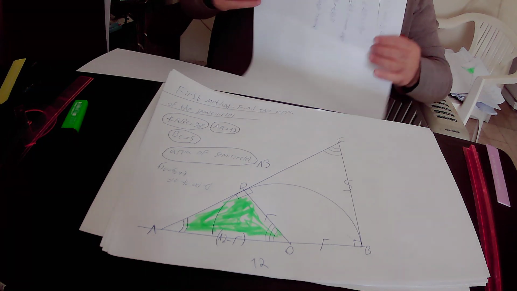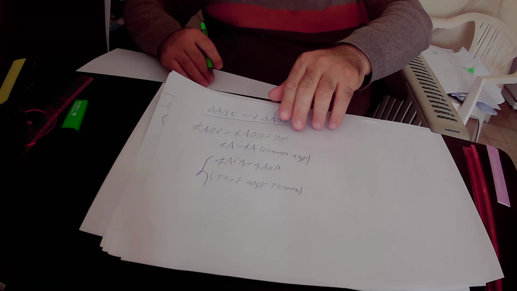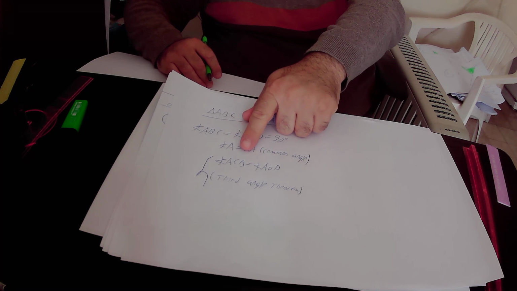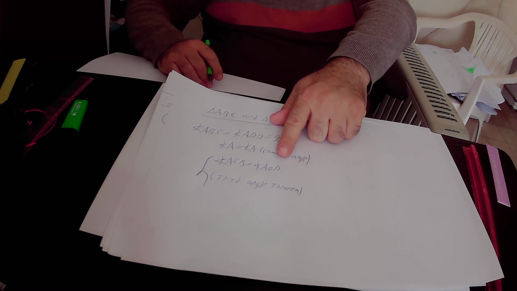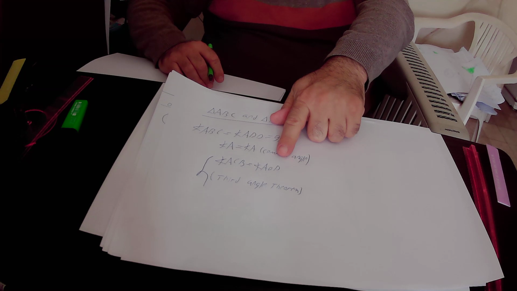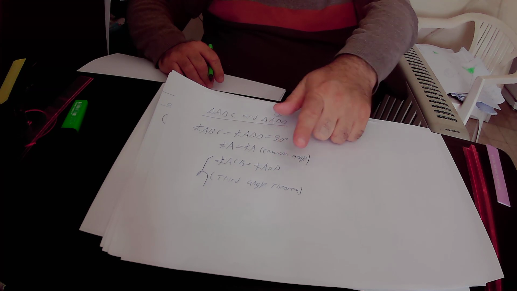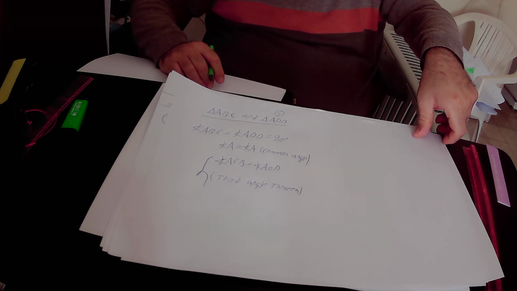So I'll repeat again: angle ACB in triangle ABC equals angle AOD in triangle ADO according to the third angle theorem.